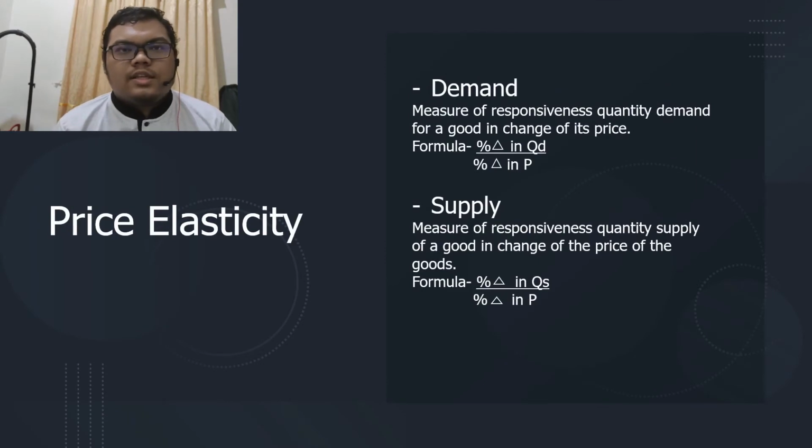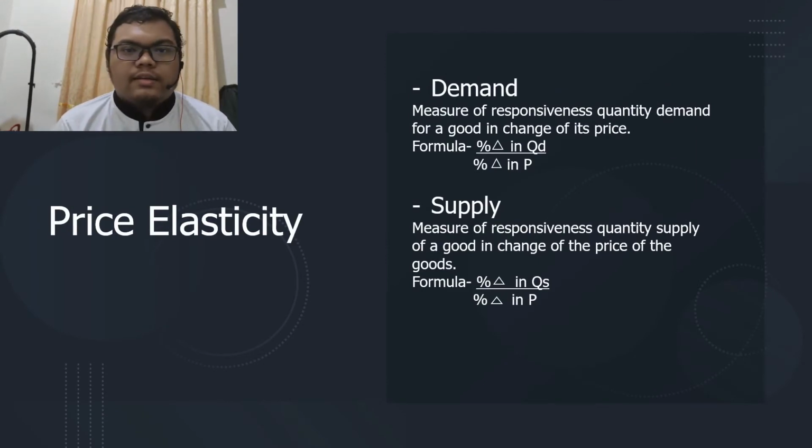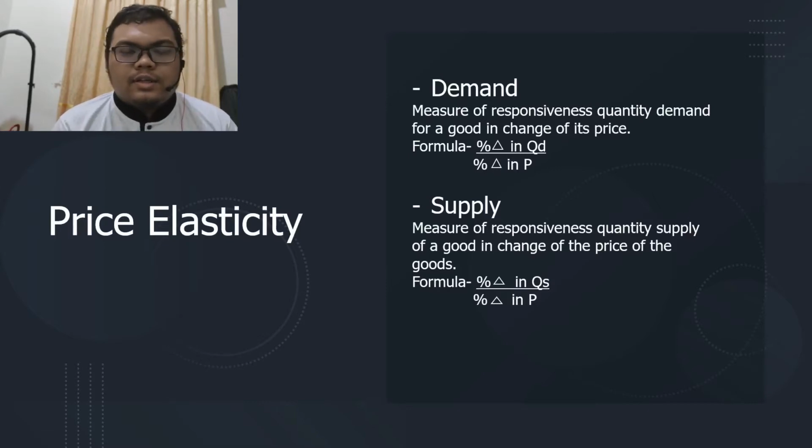Price elasticity. We have price elasticity for demand and supply. For price elasticity of demand, the definition is the measure of responsiveness in quantity demanded for a good to a change in its price. The formula is percentage change in quantity demanded divided by percentage change in price.